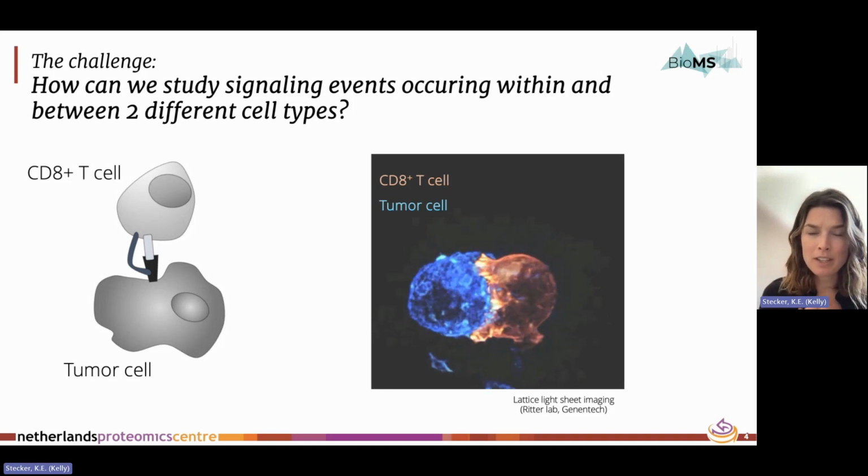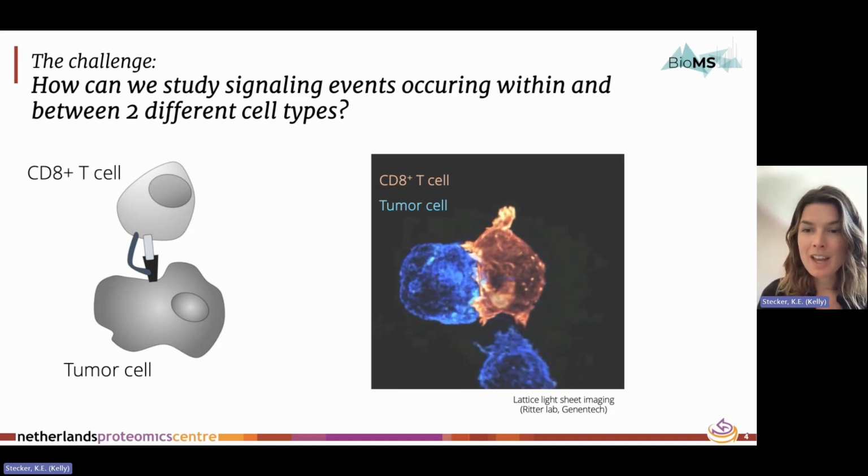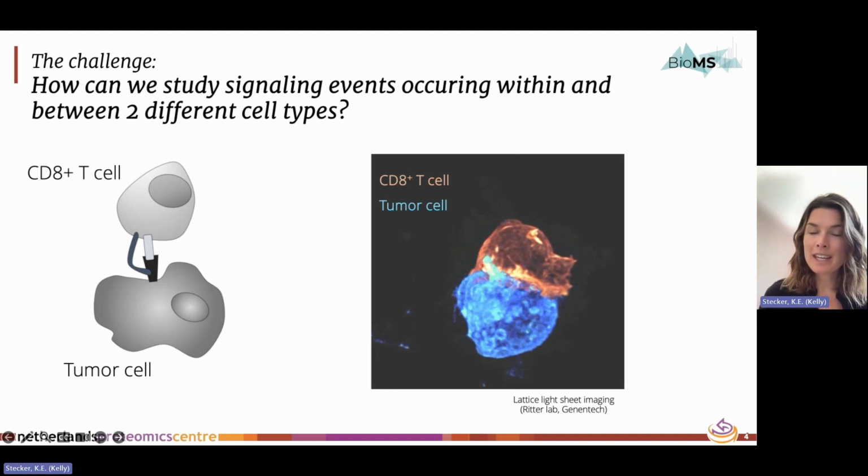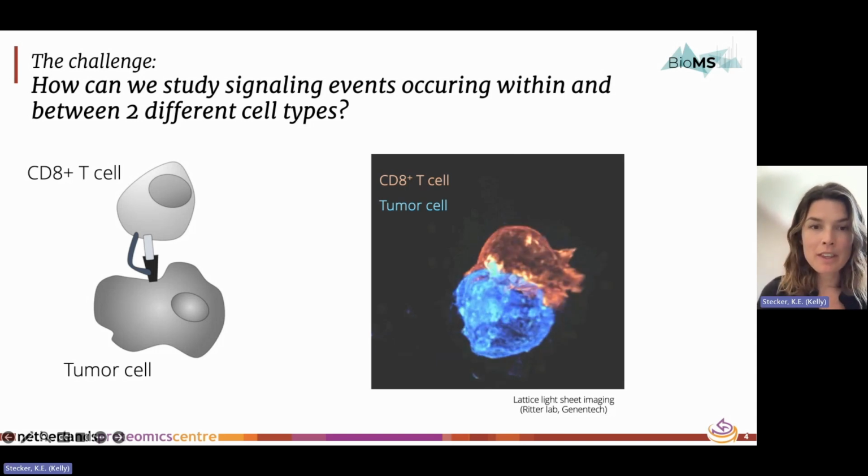It's difficult to separate this physical interaction. So the question is, how can we measure the individual responses occurring in these two cell types? Because of course, when we homogenize these cells for proteomics, we lose all cellular context. So this is the challenge that we're faced with.